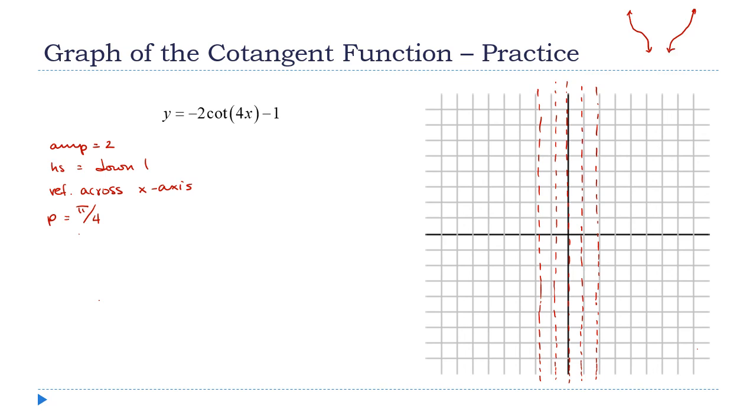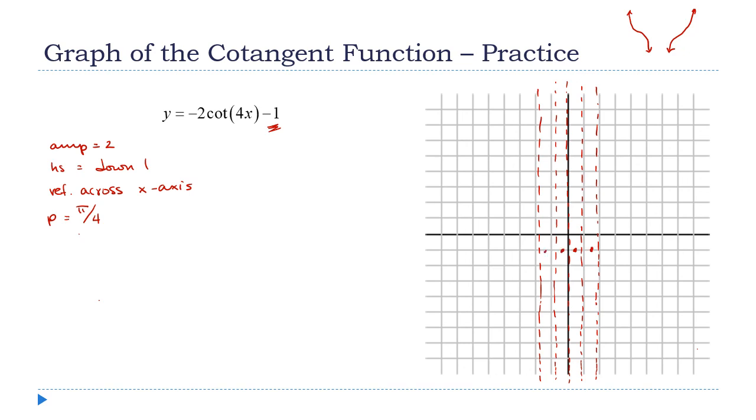And the roots all get decreased by 1. So normally the root would be halfway between these two intervals. So it would be halfway between 0 and pi over 4, which is pi over 8. But that's going to be shifted down 1. Right? Let's see. And it's going to repeat. It's going to be like this in all of these sections.